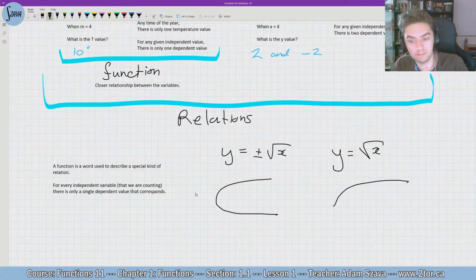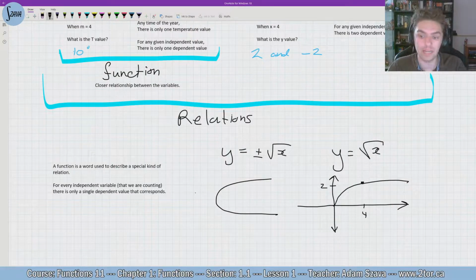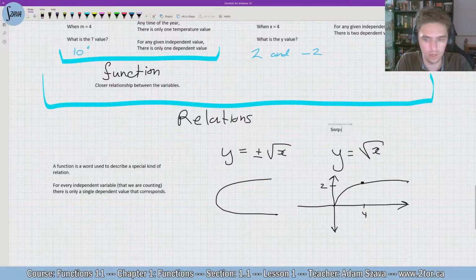And that would be a function now. If that's our x-axis and that's our y-axis, then I can say, for 4, what is the corresponding y value? 2. And there's only one answer. So now it is a function. And so this is what I mean when I say the square root function.